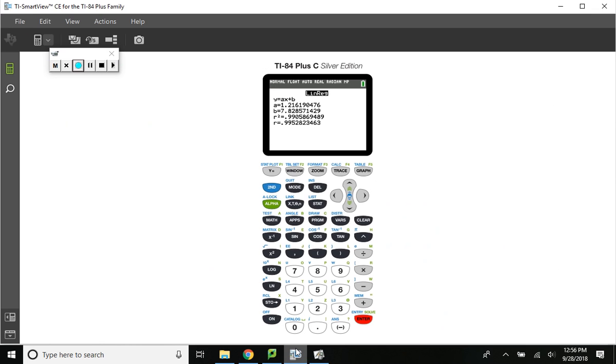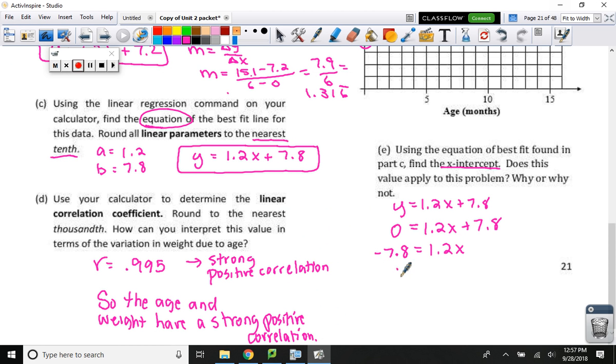Divide negative 7.8 divided by 1.2. Negative 6.5. Negative 6.5 comma 0 would be, using that equation, the x-intercept.